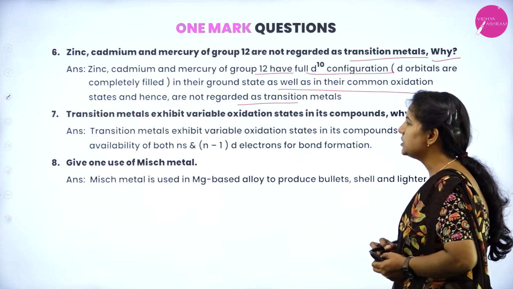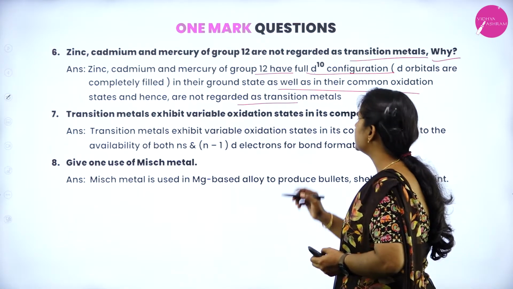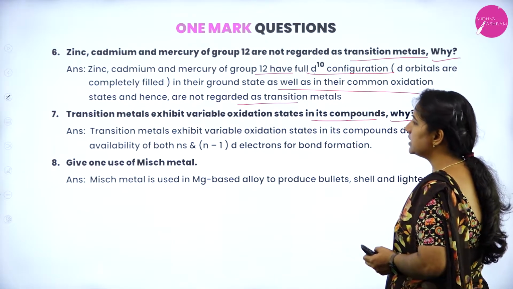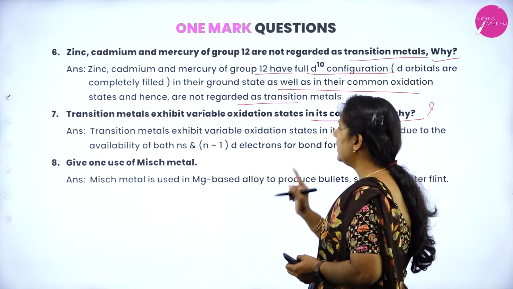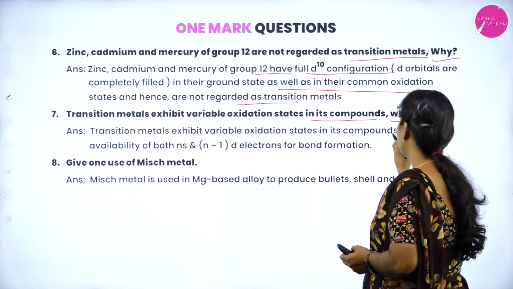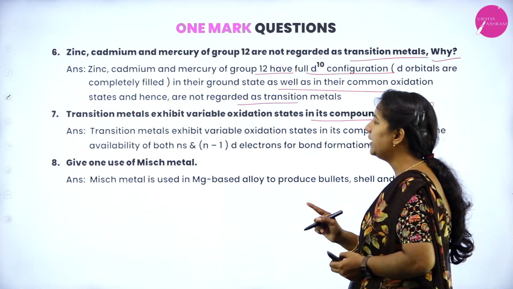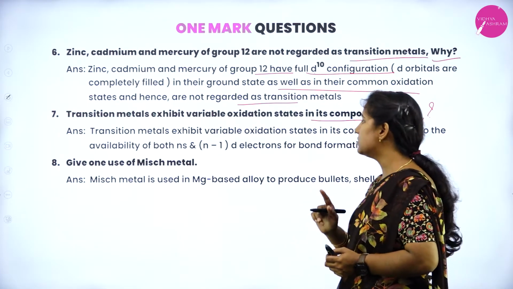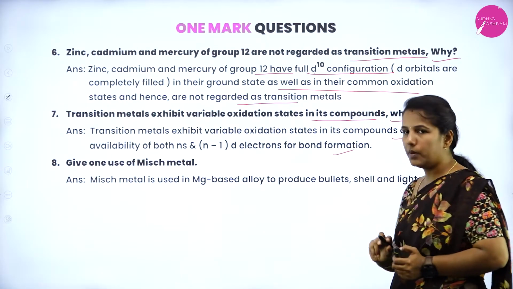Next, transition metals exhibit variable oxidation states in their compounds. What is the reason? This is due to the availability of both ns and (n-1)d orbitals to form bonds.